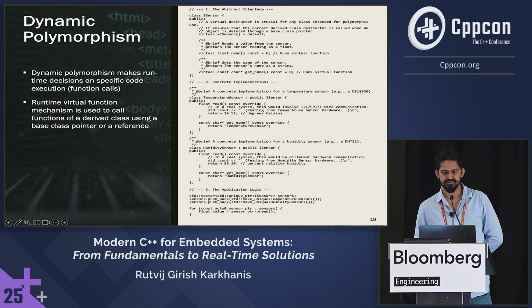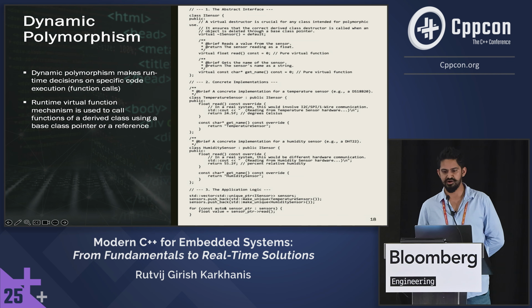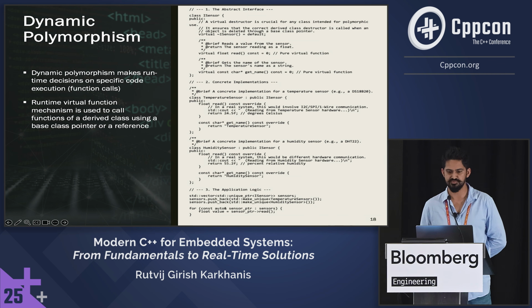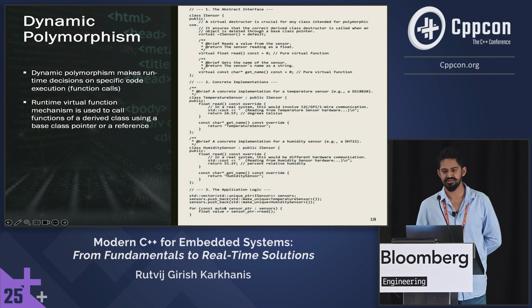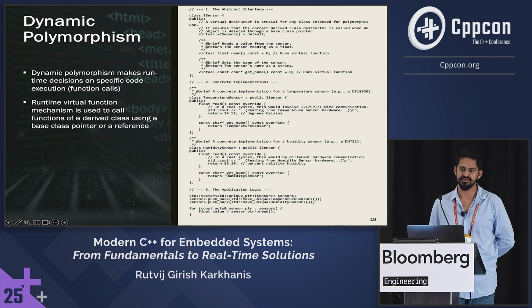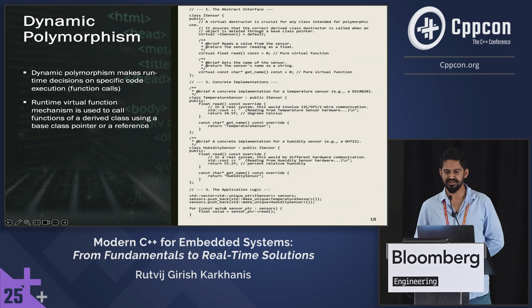Dynamic polymorphism. Dynamic polymorphism is a powerful C++ feature that is highly valuable in embedded systems, especially for creating flexible and maintainable hardware abstraction layers. The core idea is to define a common interface, an abstract class, for a type of hardware.